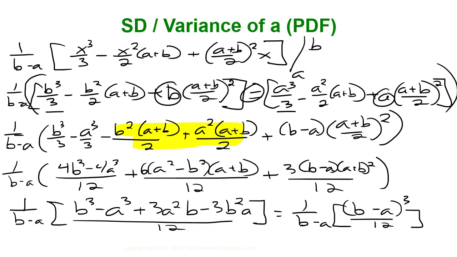And that's how we finally just get to b minus a quantity squared all over 12. Ta-da! So that's the variance. And then, of course, the standard deviation is going to be the square root of that. B minus a quantity squared all over 12. All right, so that's the long-winded explanation of how we got there.